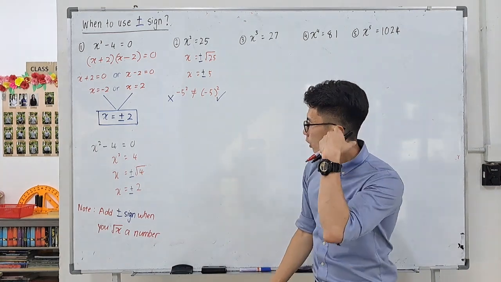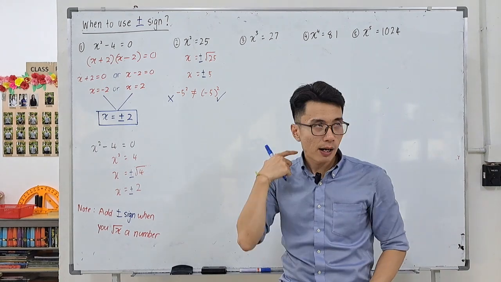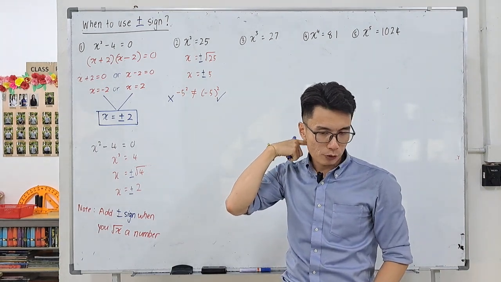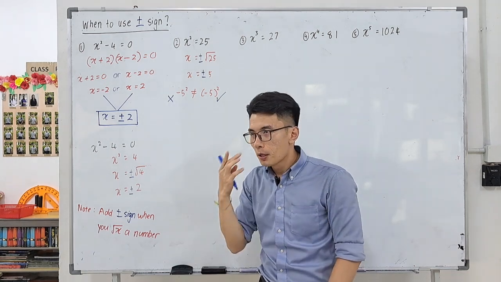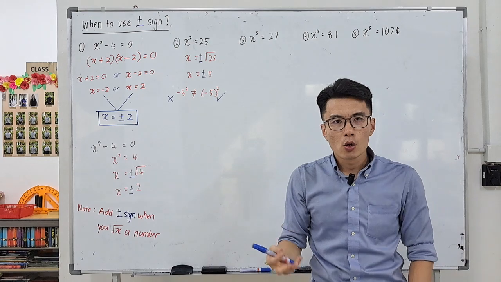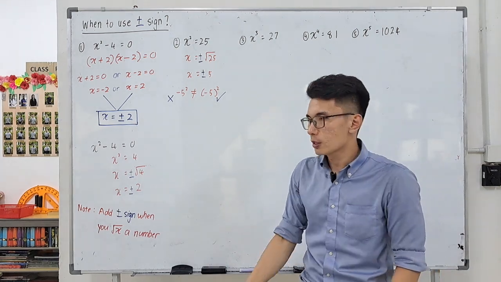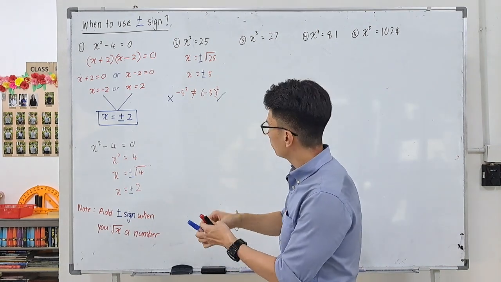Alright? Now you might be wondering, you have been dealing with square roots for quite some time already, but how come you were not introduced to this plus minus sign when you are dealing with shapes? Like for example, I can use back this example.